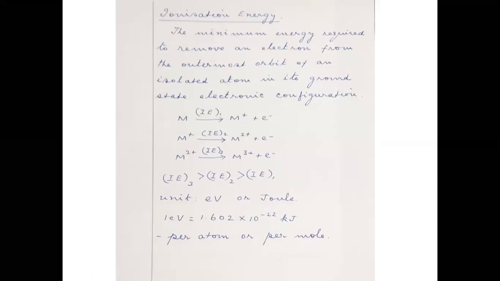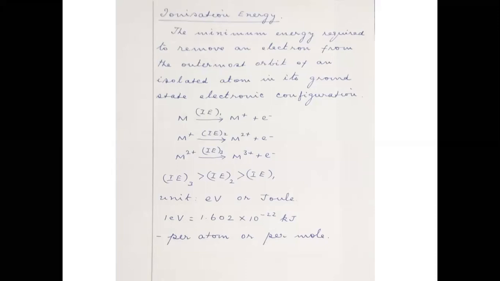So ionization energy or ionization potential is the minimum energy required to remove one electron from the outermost orbit of an isolated atom in its ground state electronic configuration. Any number of electrons can be removed. The ionization energy spent for the removal of the first electron is called first ionization energy, the second electron is called second ionization energy, and the third electron is called third ionization energy.